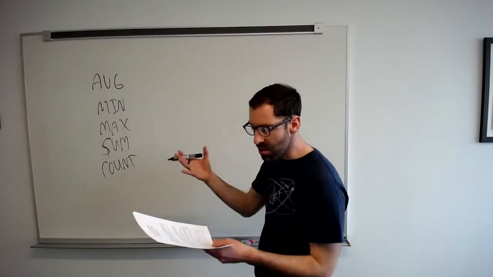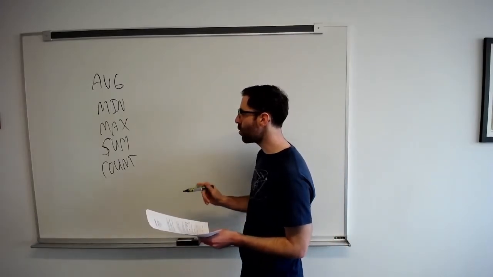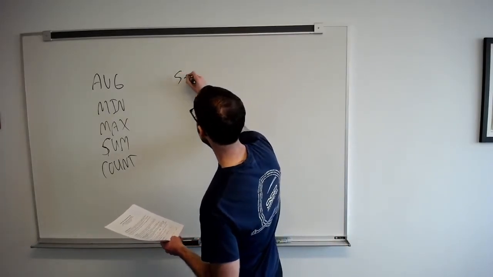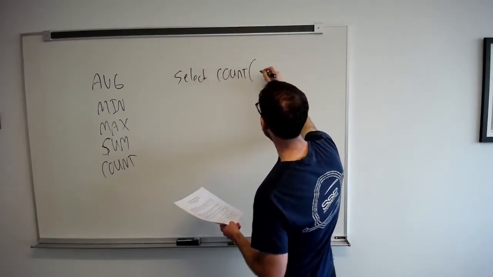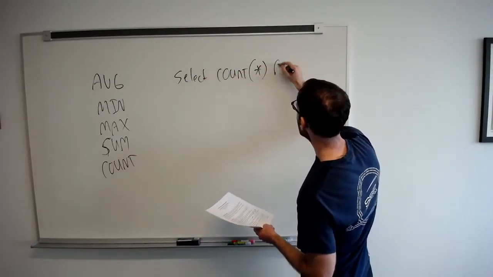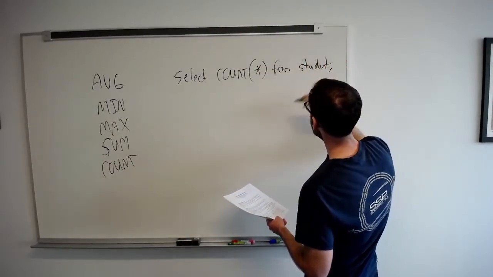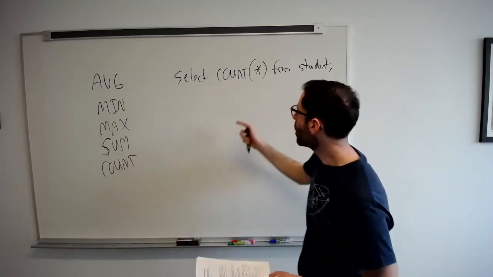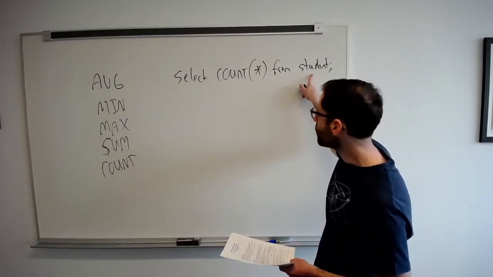And we use these in the select part of the query. So for example, select count of star from student would simply return the total number of tuples in the student table.